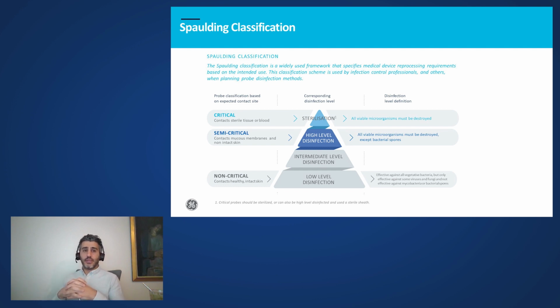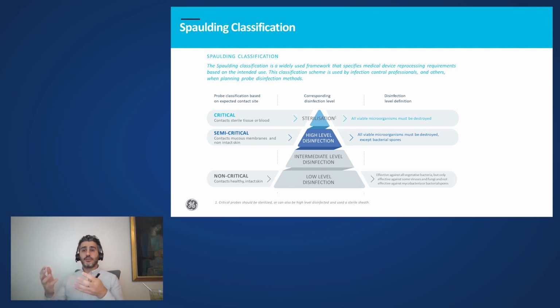So we have critical probes, and these are the probes that come in contact with sterile gel or blood. Then we have semi-critical probes, which come in contact with the mucosal membrane or with non-intact skin. And then we have the non-critical probes, which come in contact only with intact skin. So depending on the use of the probes, you choose the level of disinfection which is needed for each specific case.